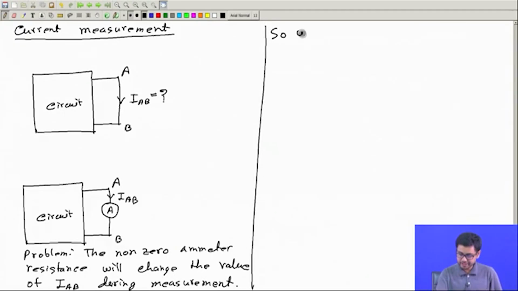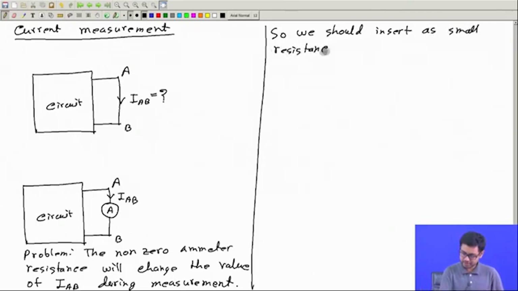So we should insert as small a resistance as possible. But if it is a PMMC meter or any electromechanical meter, it is made up of a coil, and the coil has some resistance.